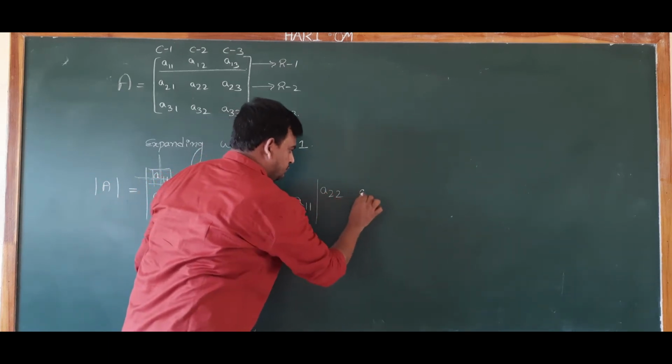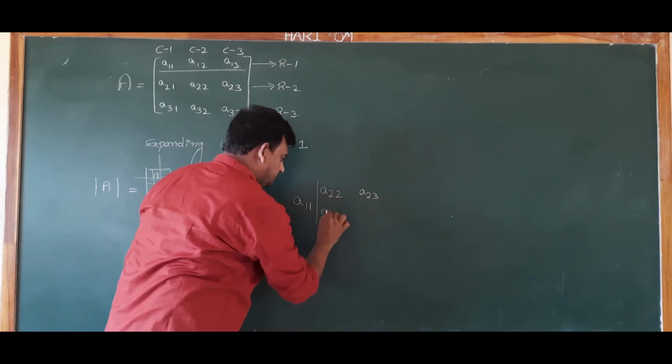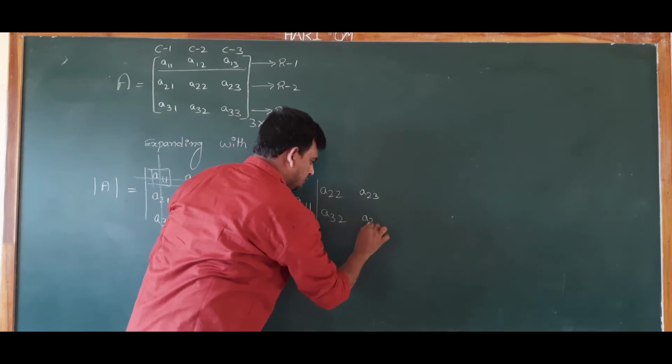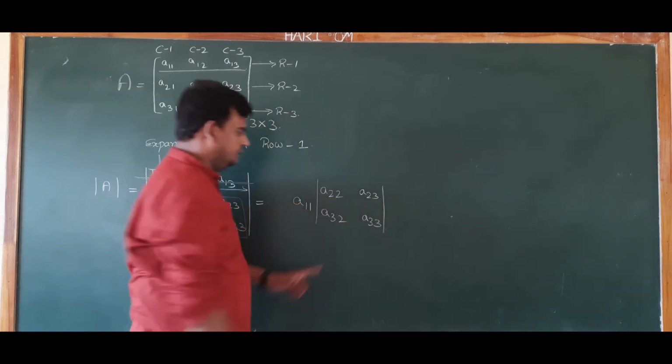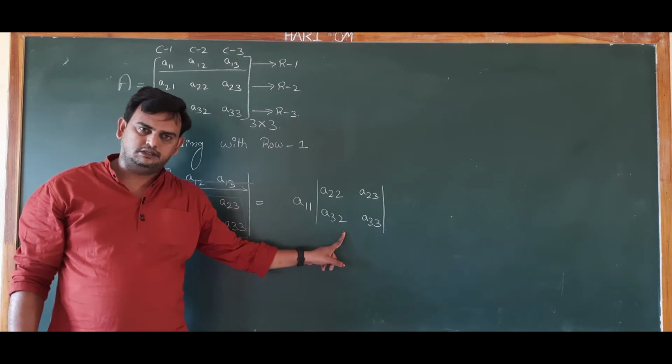So det of A22, A23, A32, A33 gives me a 2 by 2 square matrix.